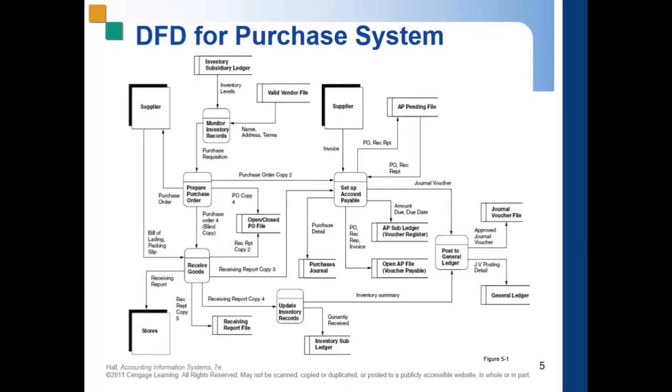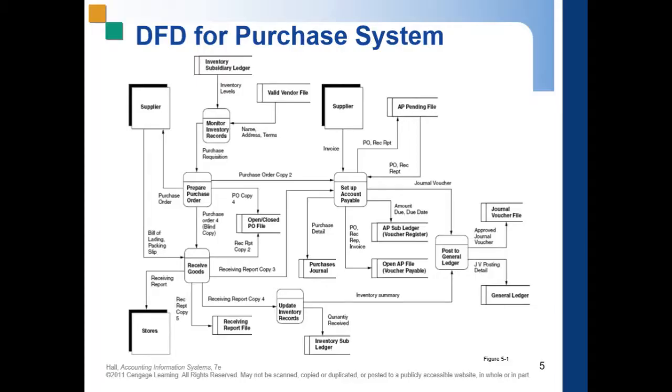However, in a merchandising or retail firm, goods are purchased for resale. So it is the inventory control function that provides the purchase authorization. Again, if manufacturing, it is the production planning and control. For merchandising, it is the inventory control function that gives the authorization.